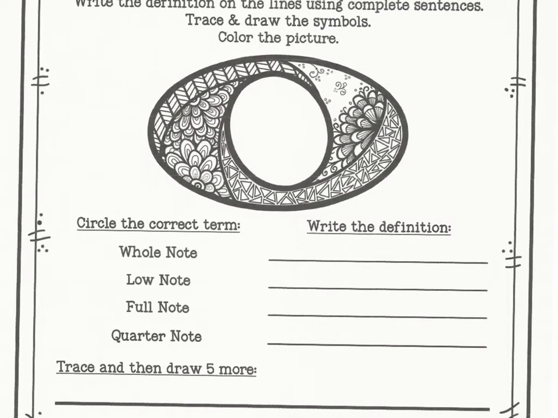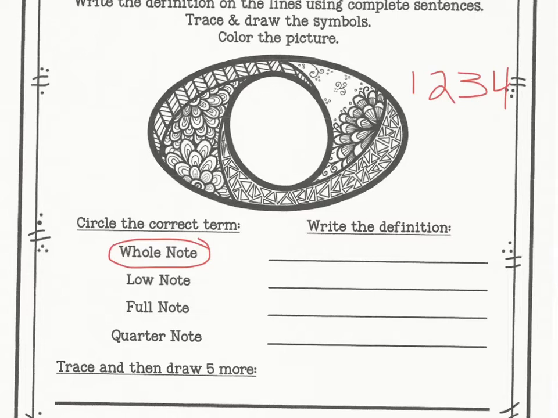This is a whole note. And it always reminds me because it looks like a hole. And the way we count this is 1, 2, 3, 4.